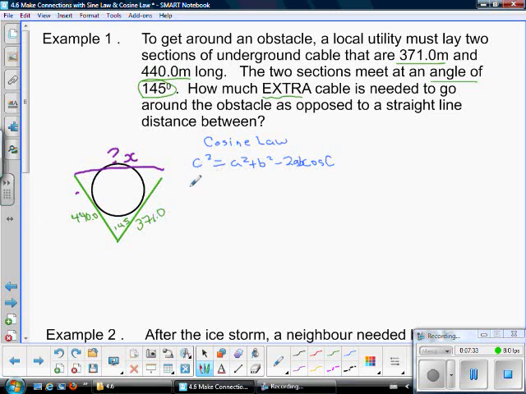I'm finding x, so that's x squared equals my 440 squared plus my 371 squared minus 2 times 440 times 371 times, and remember it is times, the cos of 145 degrees.